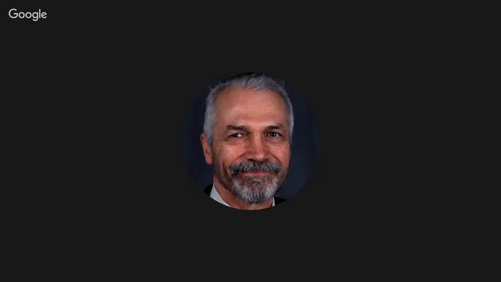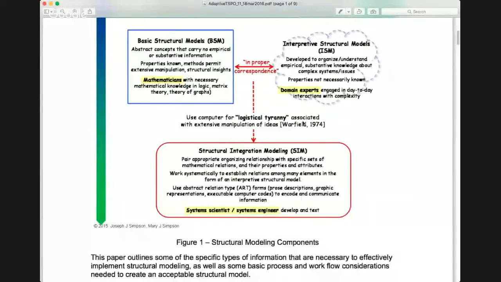For a final summary, let me bring up the chart. Where did that chart go? Here it is. Essentially, we are looking down here in this area of the structural integration modeling, where the ART and the AMEI are.